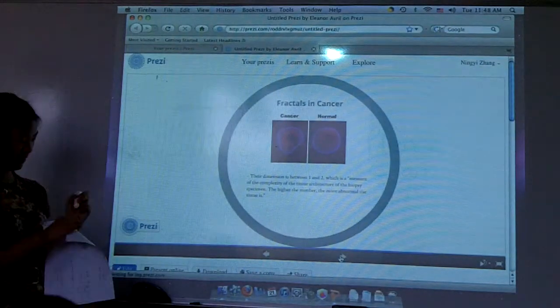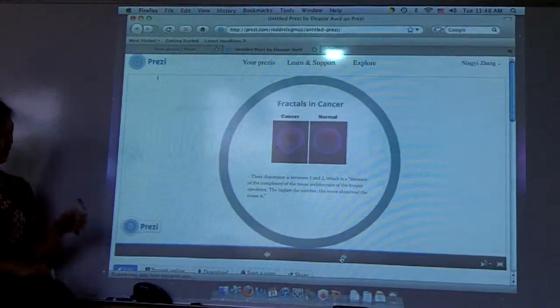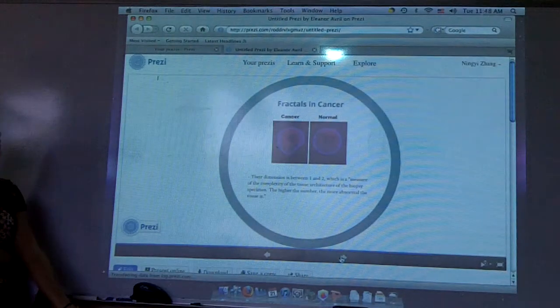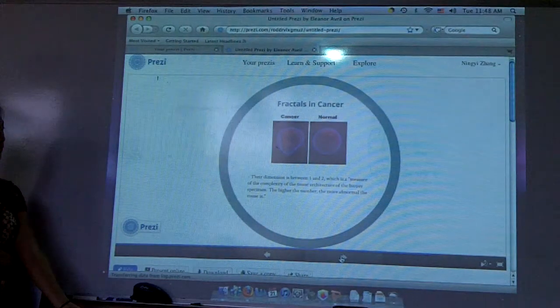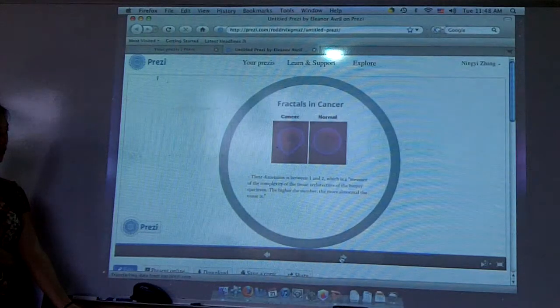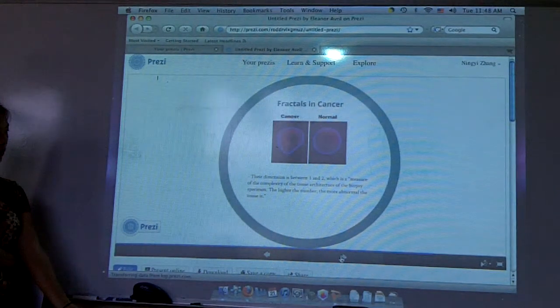So fractals have a lot of real world applications, including in cancer, because they figured out that the dimension of cancer cells and normal cells will be between 1 and 2, and it basically measures the complexity of the tissue structure of the biopsy specimen, and so the higher the number, the more abnormal the tissue is.